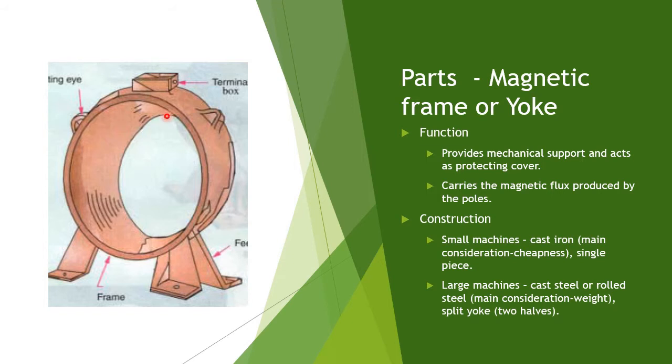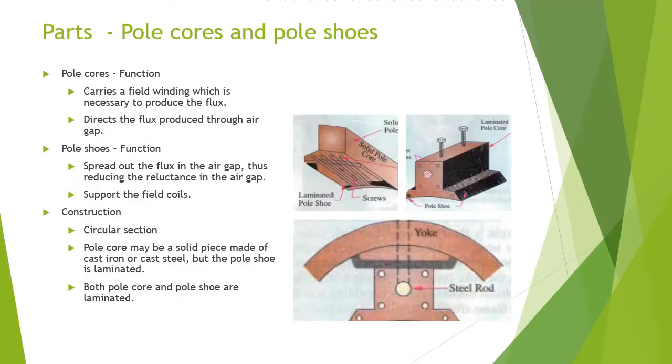Small machines are made of cast iron, where cheapness is the main consideration. In large machines, cast steel or rolled steel is used, where weight is the main consideration. In small machines, a single piece yoke is produced, but in large machines a two piece, that is split yoke, is used. That's all about the magnetic frame or yoke.